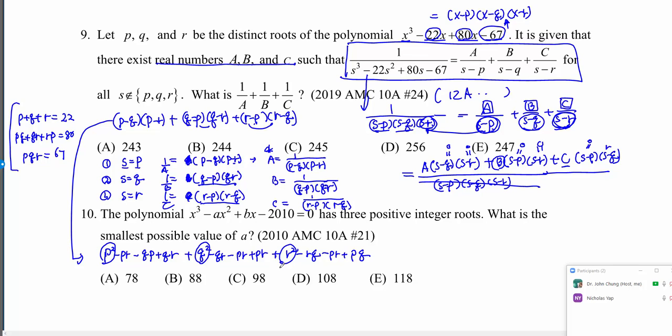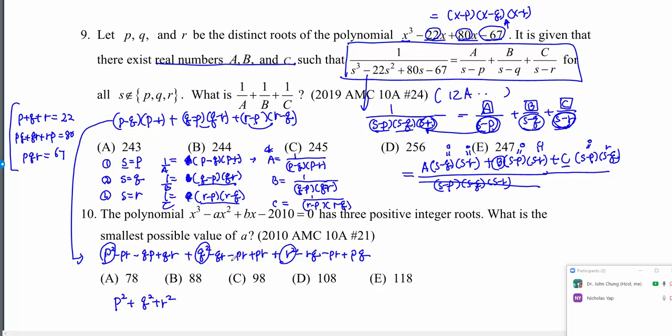Wow, this is correct? I don't know. Q square, R square, okay. Yep. And the PR, let me see, this is PR, PR, this is correct?